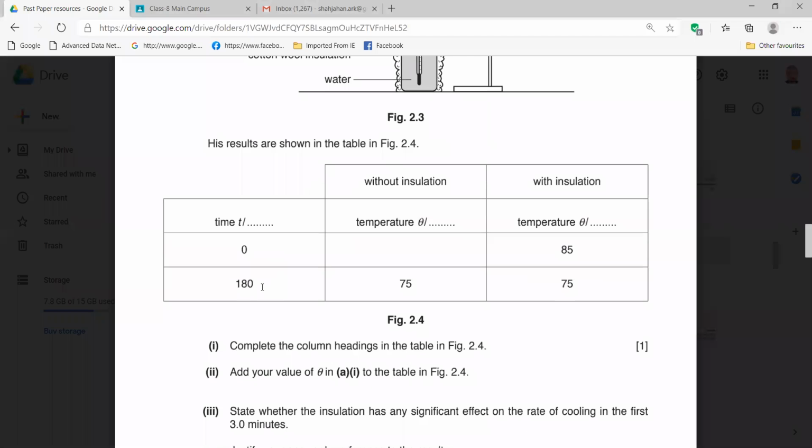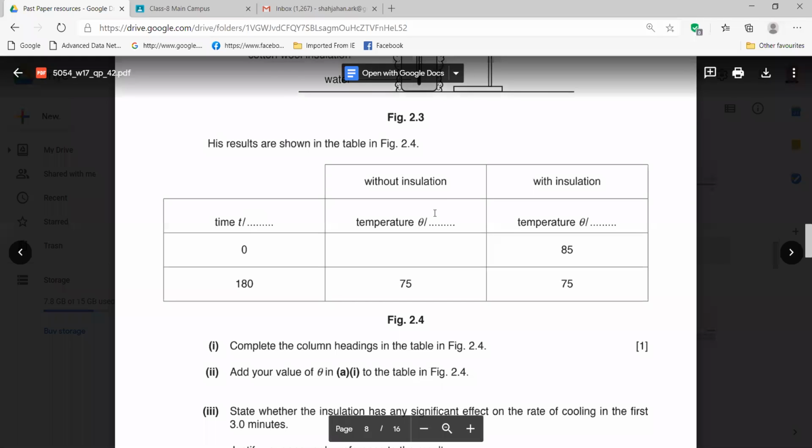Now, you have the second question. I said here we have quantity. The physical quantity's name is time, and you have to write here the unit: physical quantity's name, slash, then unit.